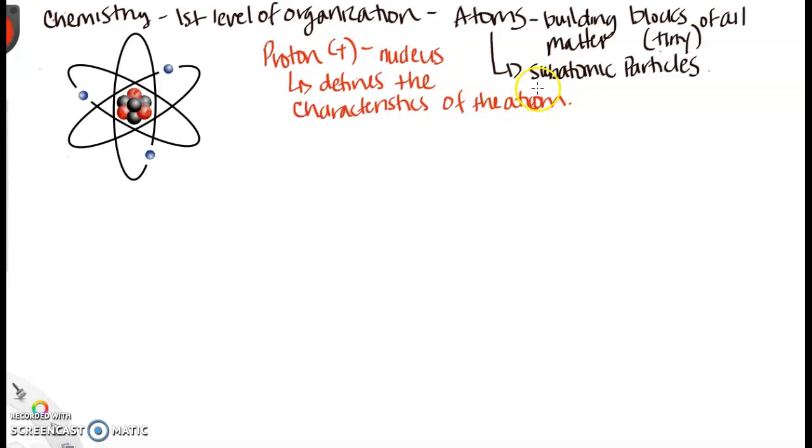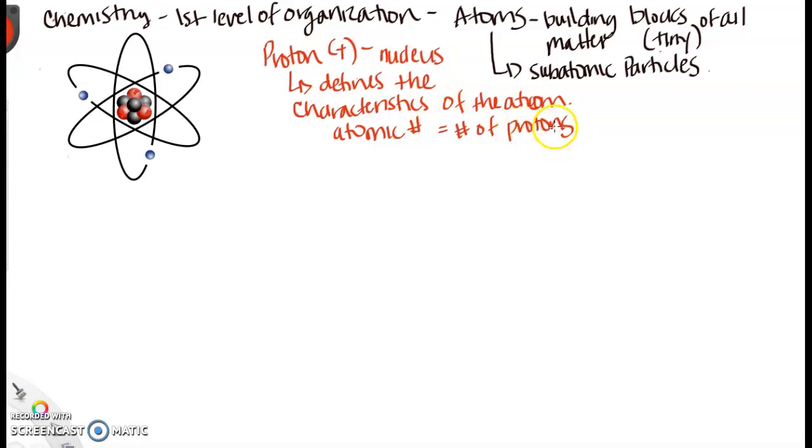So on the periodic table, which you've probably seen before, a big old table that has all the elements listed on there, and they start at 1, okay? That 1 has a special name called the atomic number. And that atomic number is the number of protons.